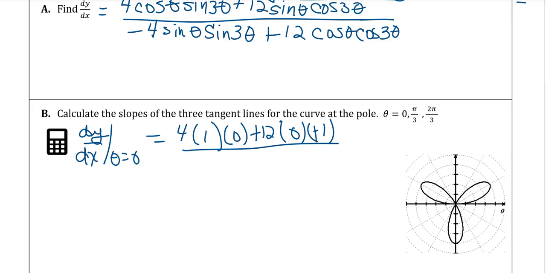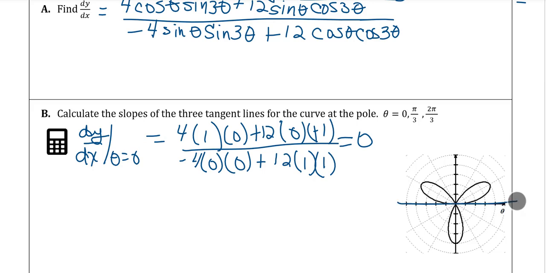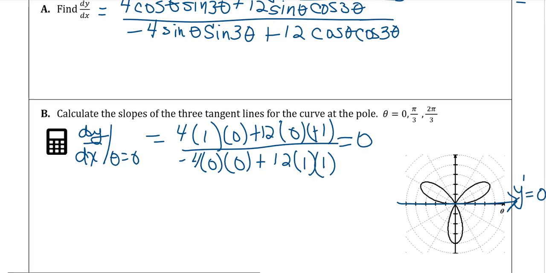As long as the denominator isn't 0, the slope will be 0. So negative 4 times 0 times 0 plus, hopefully this is not 0, 12 times 1 times 1. Since the denominator is not 0, this is going to equal 0. So that would be a tangent line like this. So this is y prime equal to 0.